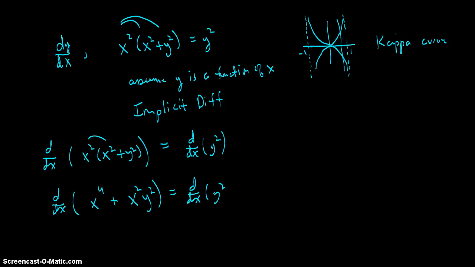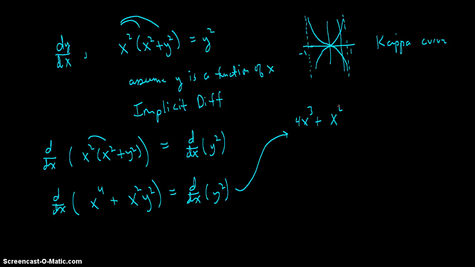And now to calculate these derivatives, we assume y is a function of x and we apply the appropriate product and chain rules. So the derivative first of x to the 4th is 4x cubed, and then plus the derivative of x squared y squared, that's a product, so that requires the product rule.